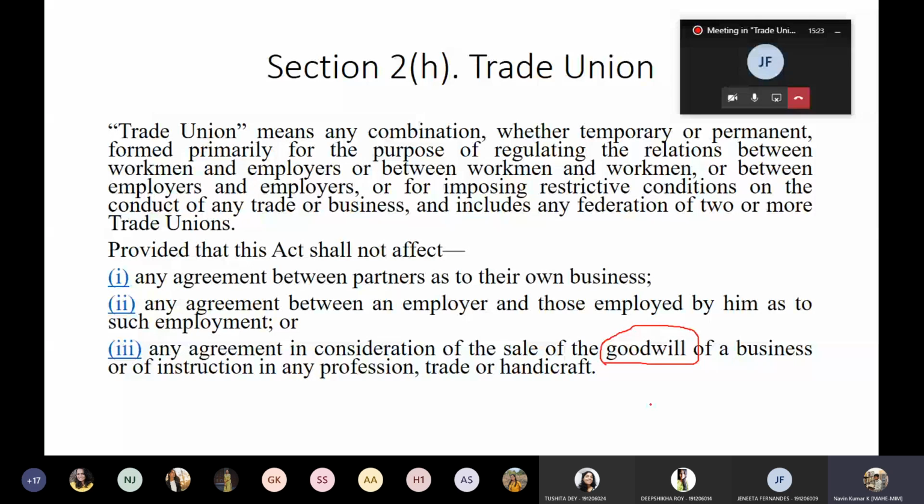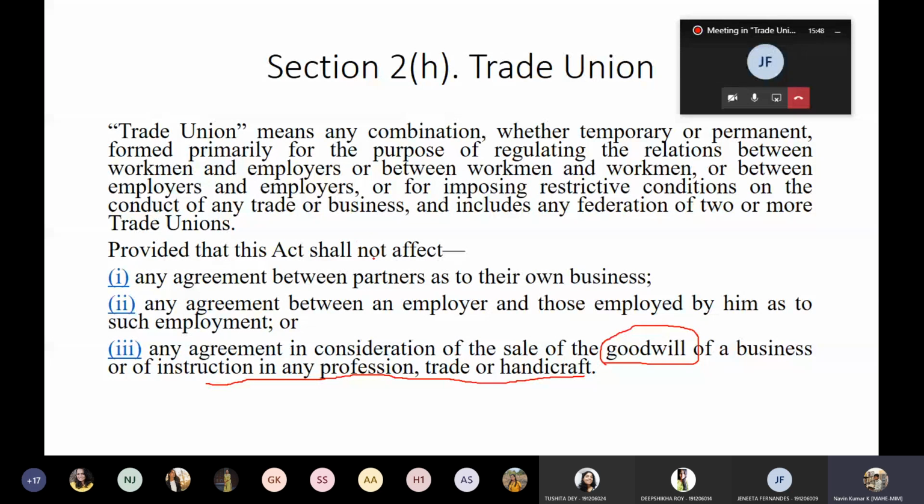For your understanding, we are not going to discuss goodwill here. Any agreement in relation to the sale of goodwill, or with respect to the instructions in a profession, trade, or handicraft, is not a trade union.